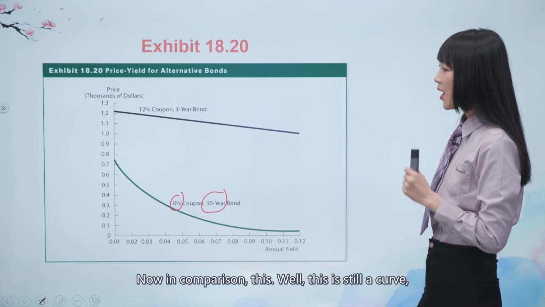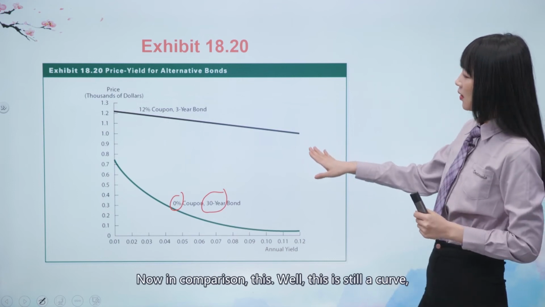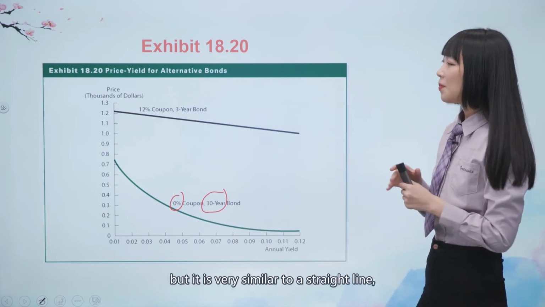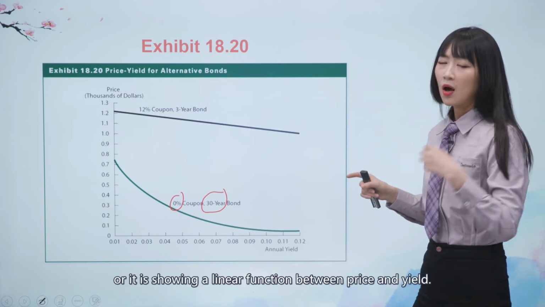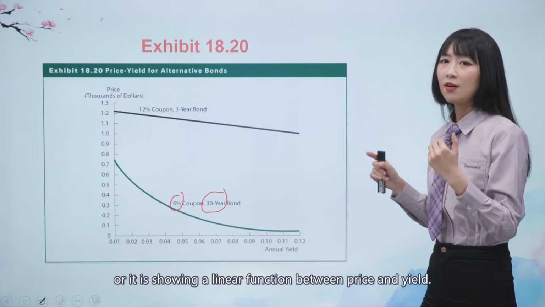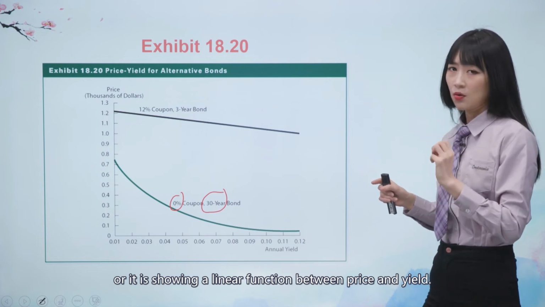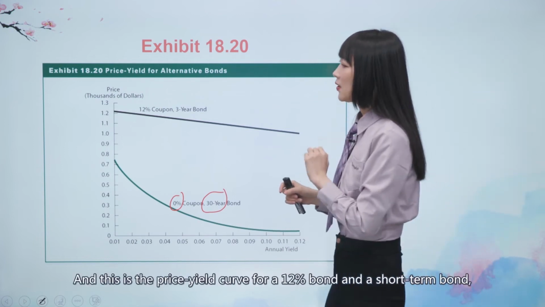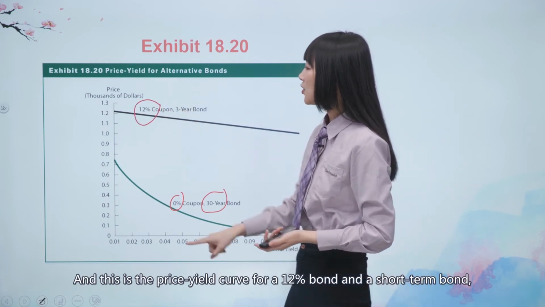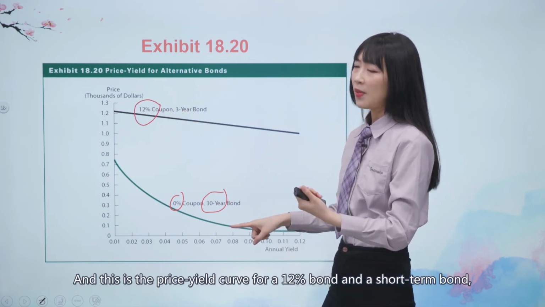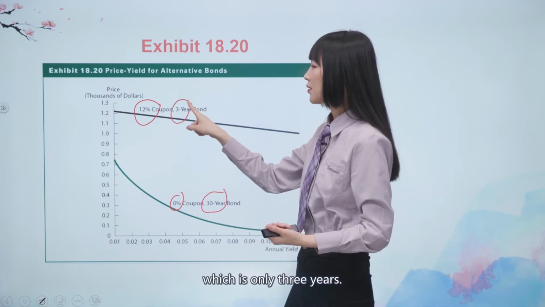In comparison, this is still a curve, but it is very similar to a straight line, or it is showing a linear function between price and yield. And this is the price-yield curve for a 12% bond and a short-term bond, which is only 3 years.